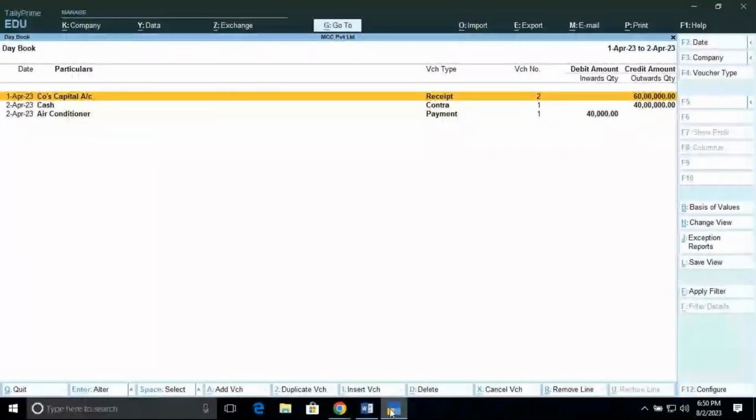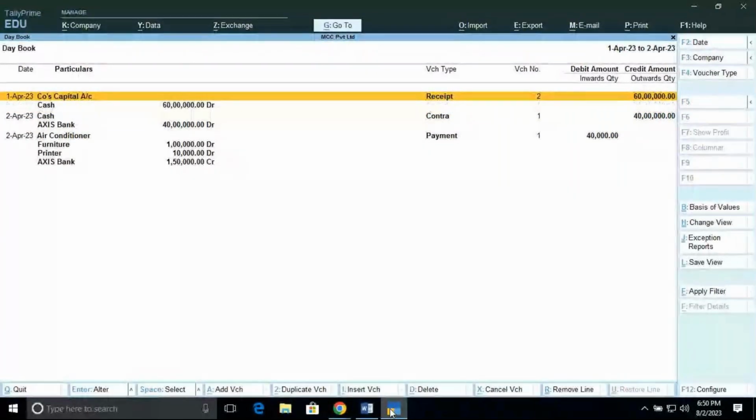It will collapse or expand as you wish. Whichever you want. If you want to see it in a detailed form, you press Alt F1. Please always remember, Alt F1 in a report will give you a detailed view. Fine. Is this clear?